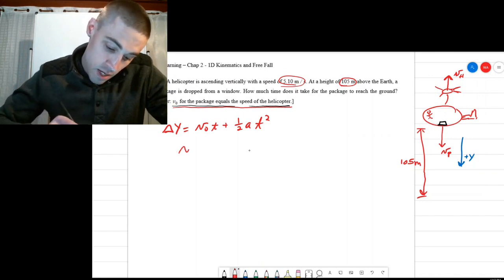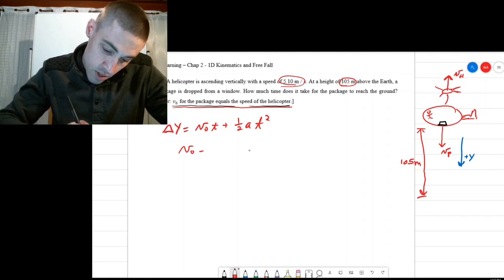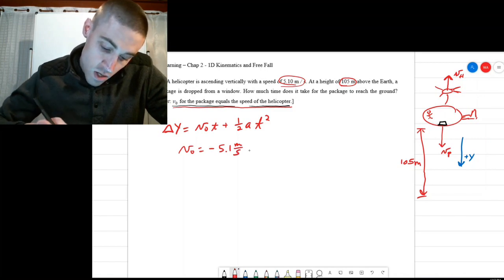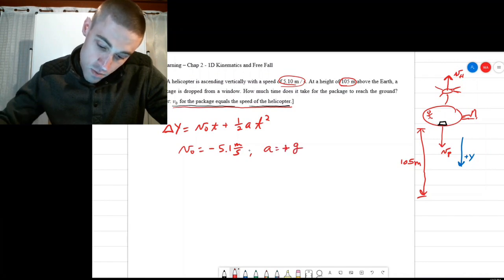So v0 is going to be minus 5.1 meters per second. And I know that the acceleration is going to be plus g because I chose the y-axis to be pointing down, so this is plus 9.8 meters per second squared.